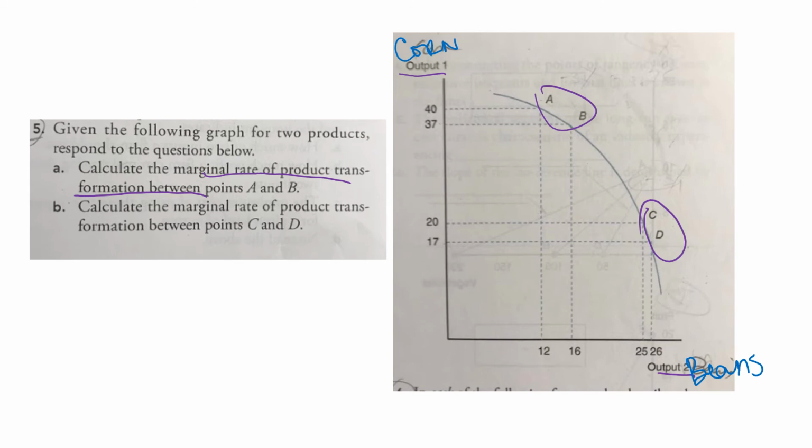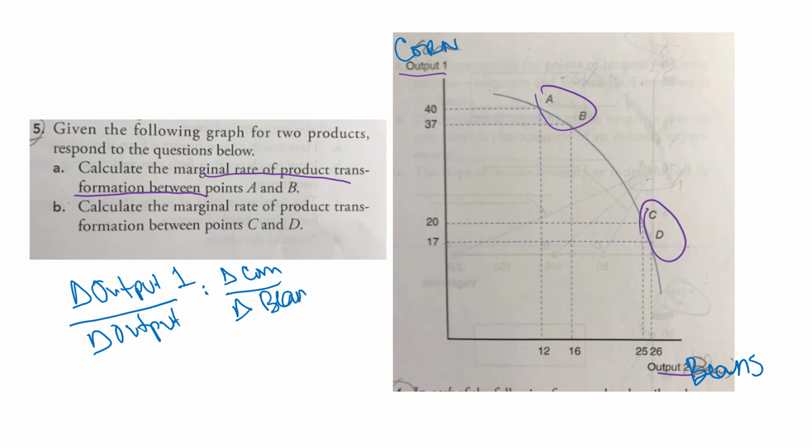So between points, we have basically change in output 1 divided by change in output 2. So we're going to have change in corn divided by change in beans. So we'll have corn 2 minus corn 1 divided by beans 2 minus beans 1. So corn 2, so we can label this point 1, point 2.